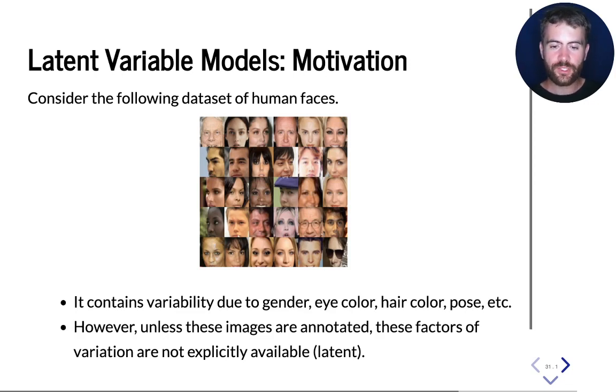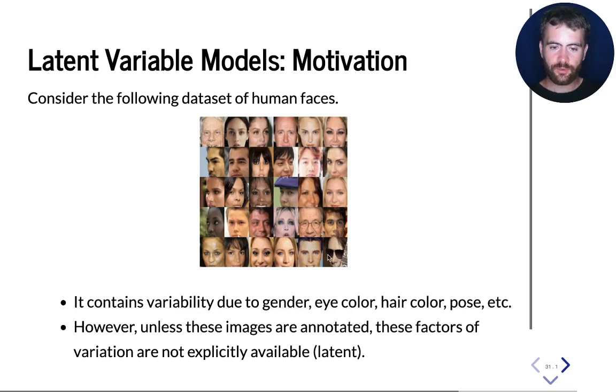There's a lot of variation in this data set, but it is not annotated. We don't have a label for whether each person is a man or a woman, and they're not explicitly available. They are, in a sense, unobserved. They're unobserved, or latent, variables.